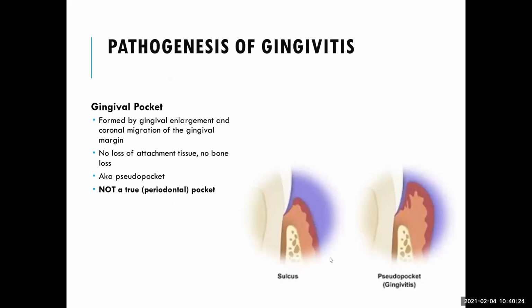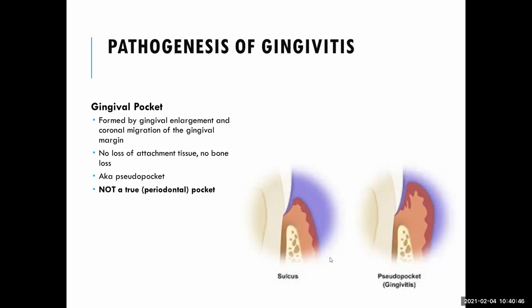So you have gingivitis. Is there attachment loss or not? That's one reason why we need to see radiographs, because you can have a gingival pocket where your probe reading is 5 millimeters. You can even have 6 millimeters on your probe, and you're going, oh my gosh, they've got so much bone loss, but they don't have any bone loss.